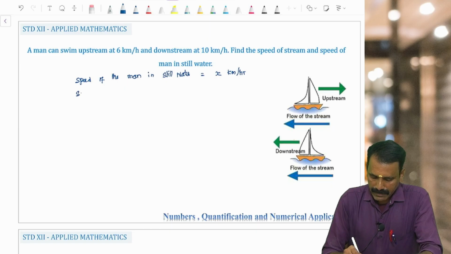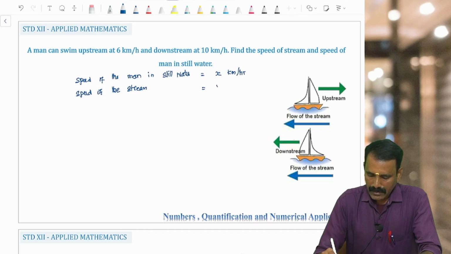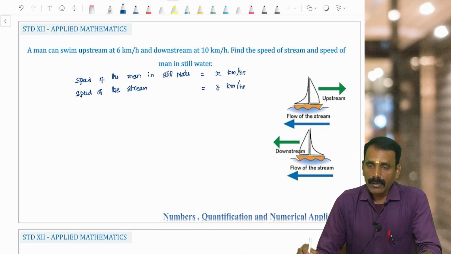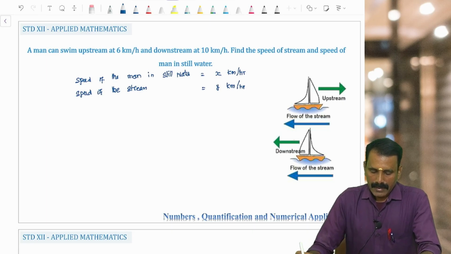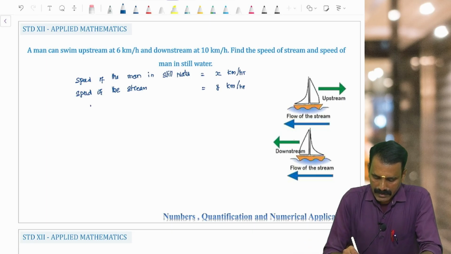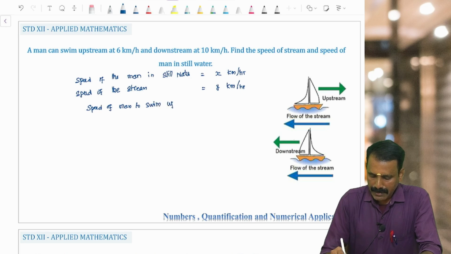We take the speed of the stream as y km per hour. Okay. Now, speed of man to swim upstream.